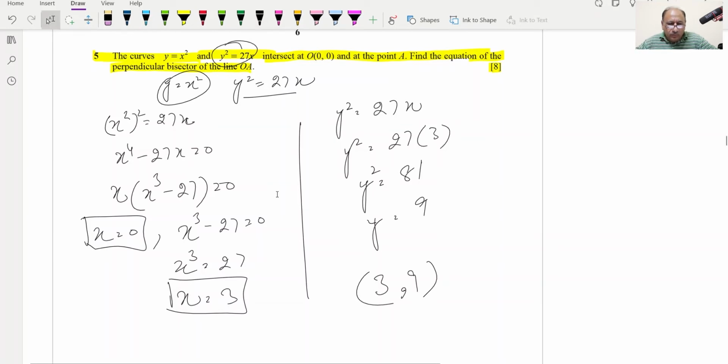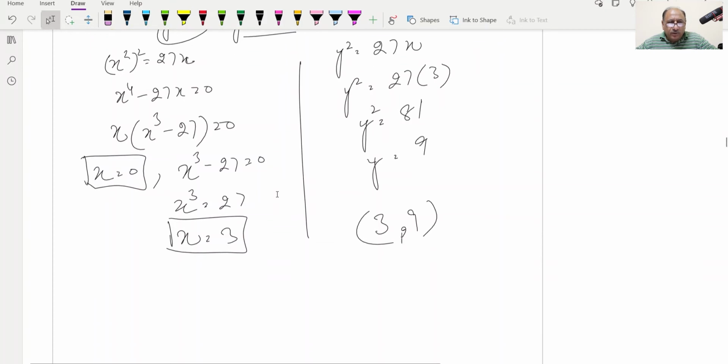And not the final answer, basically, after this one, they are saying the curve y is equal to x square and y square is equal to 27x intersect at 0 0 and at the point A. Now find the equation of the perpendicular bisector of line OA. So we can find the midpoint.